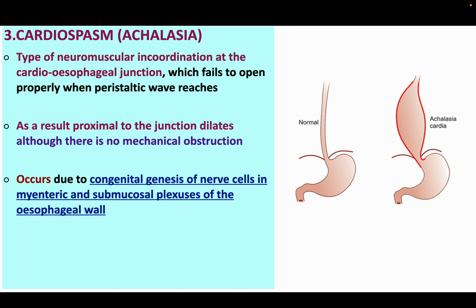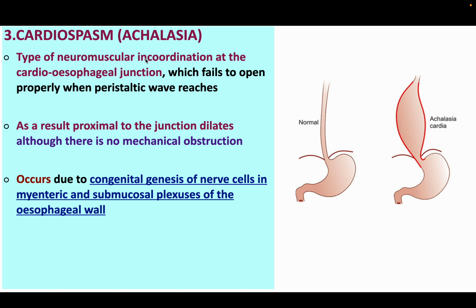Coming to cardiospasm or achalasia cardia. It is a type of neuromuscular incoordination at the cardioesophageal junction which fails to open properly when the peristaltic wave reaches. You can see in the diagram, this is the normal anatomy, and this is seen in a case of achalasia cardia. As a result, the portion proximal to the junction dilates, although there is no mechanical obstruction.